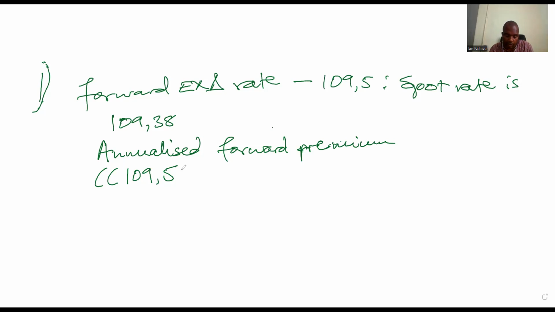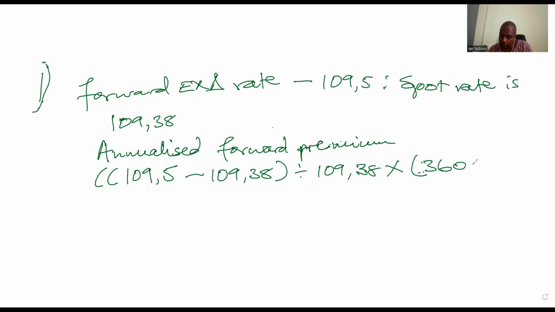So it's one open bracket, 109.5 minus 109.38, all divided by 109.38, times 360 divided by 90, multiplied by 100.